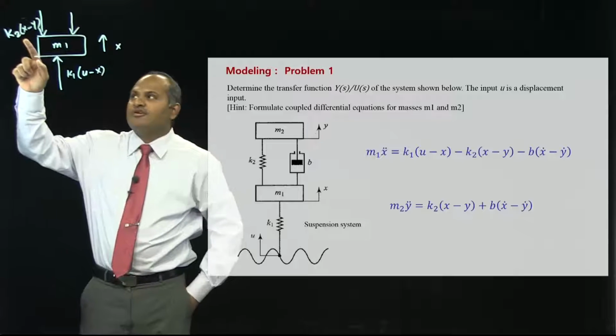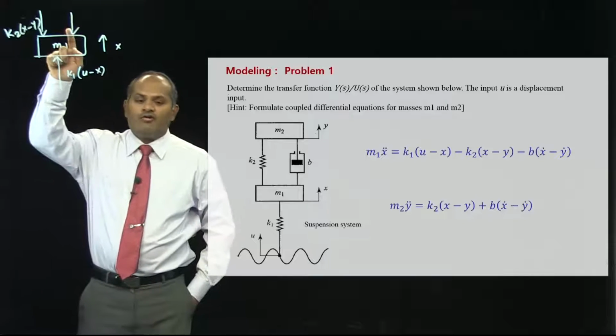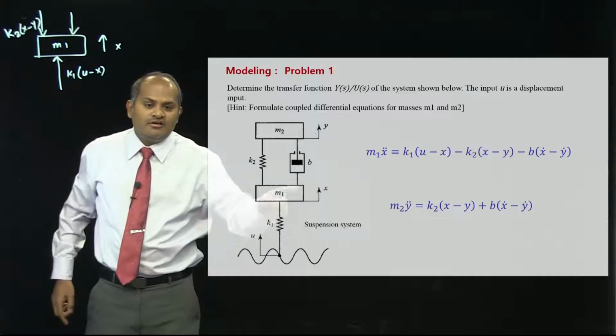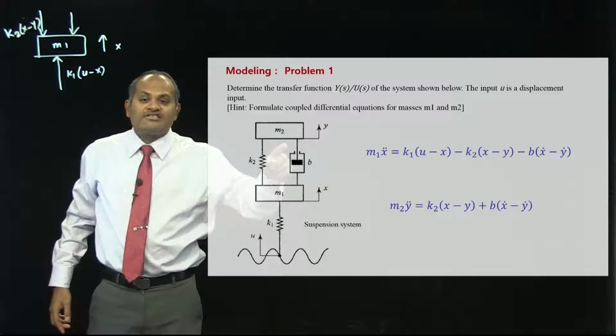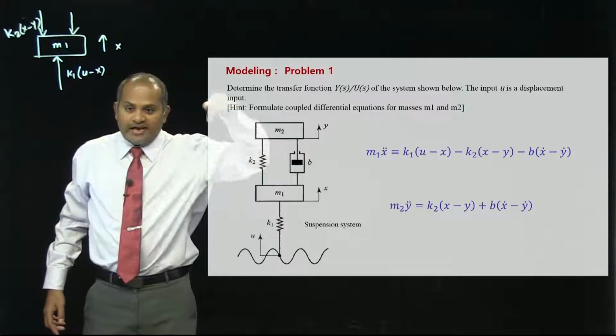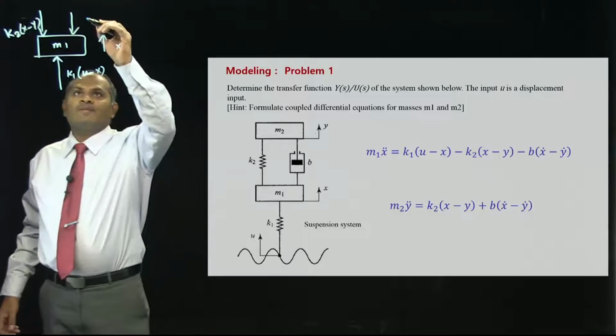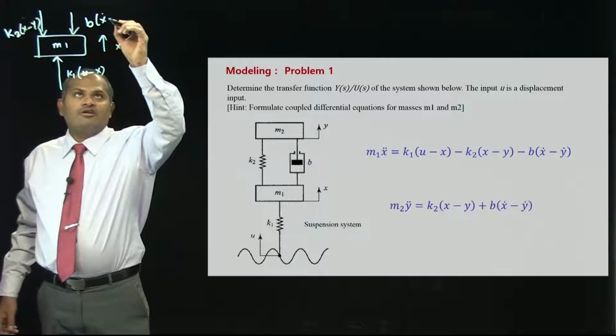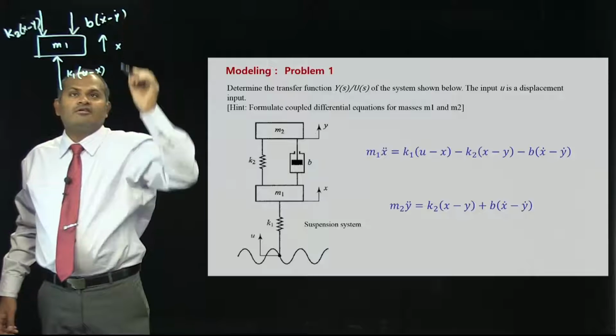Since this is K2 into (x minus y), the other one is a viscous friction, so you will have b into (x dot minus y dot), which is also acting in this direction.